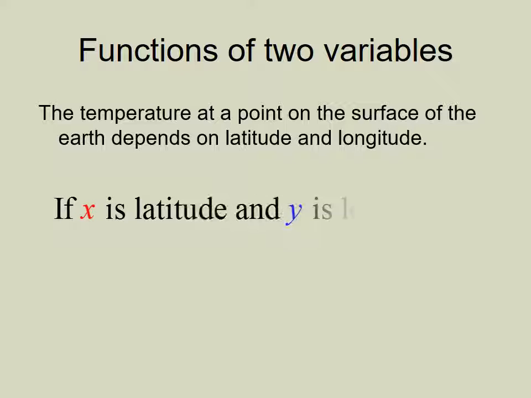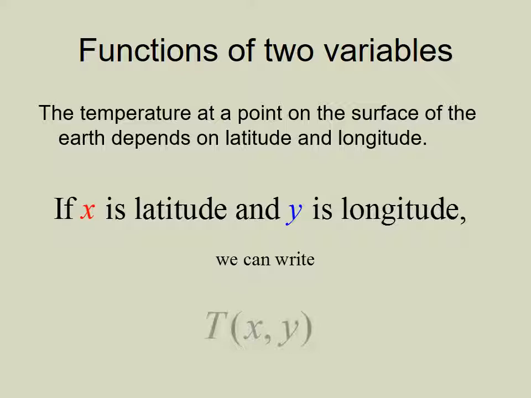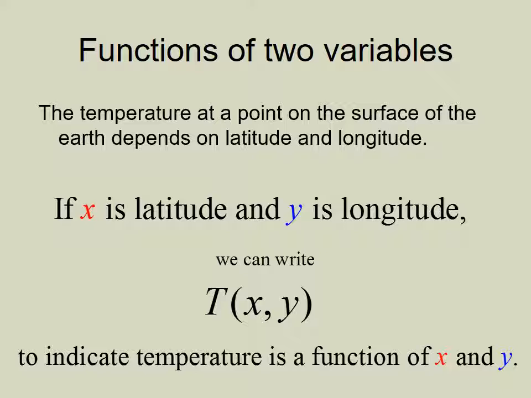So if we let x be the latitude and y the longitude, we might say something like this. Temperature is a function of x and y. So we have a function of two variables.